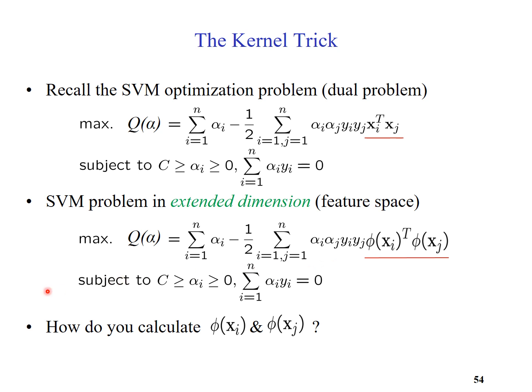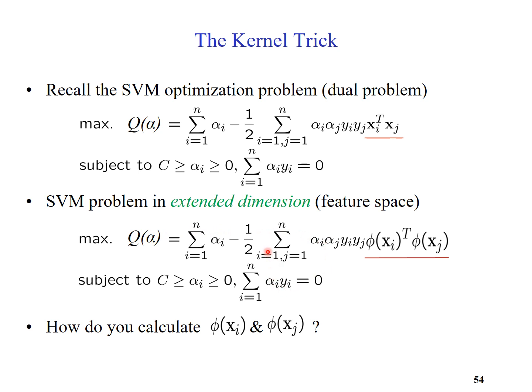Then in the extended space, in the higher dimension, the SVM problem looks like this. Does it make sense? Now the data is in the extended dimension, the feature space. The rest is the same.